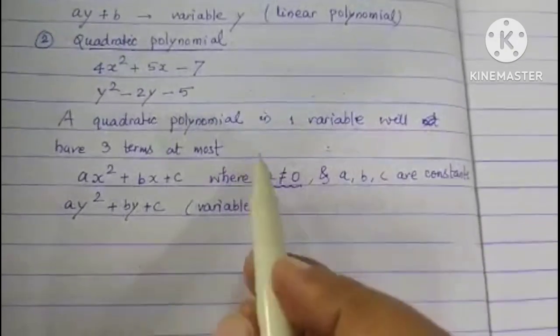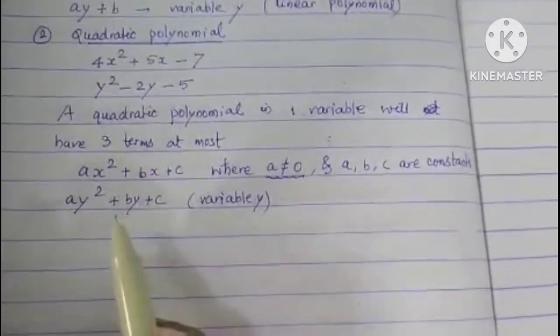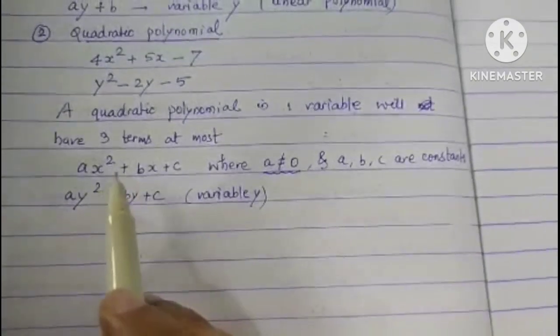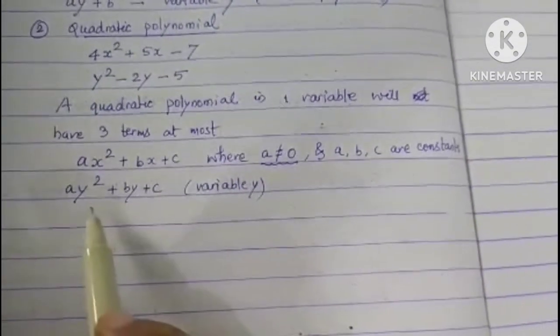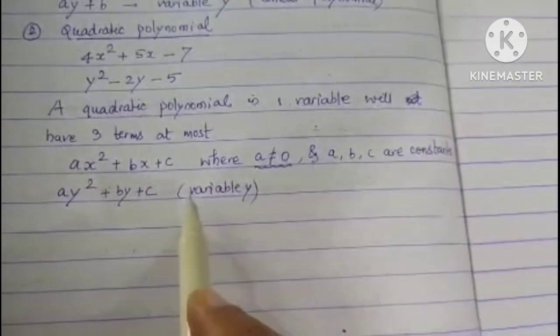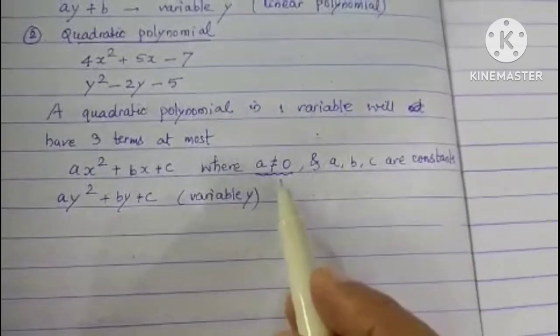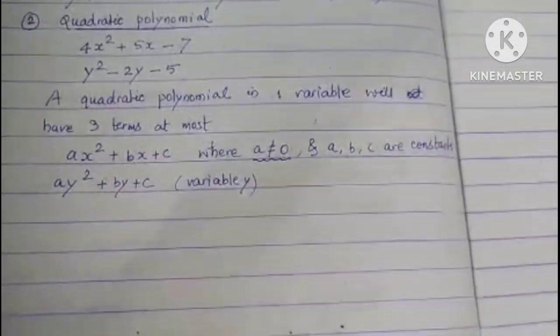So a quadratic polynomial will have at most 3 terms, and the general form is ax square plus bx plus c for variable x, and ay square plus by plus c for variable y, where a is not equal to 0 and a, b and c are constants.